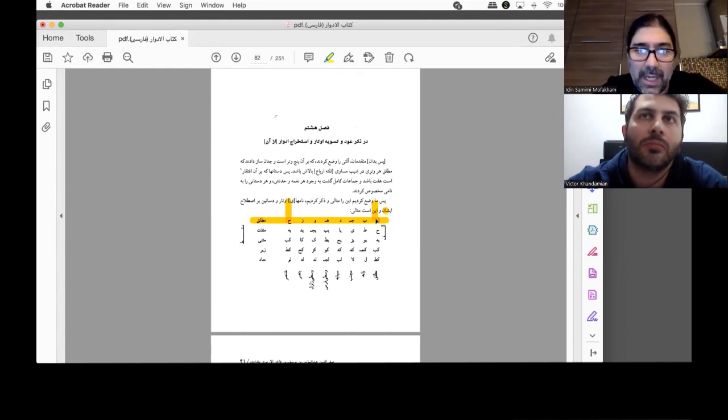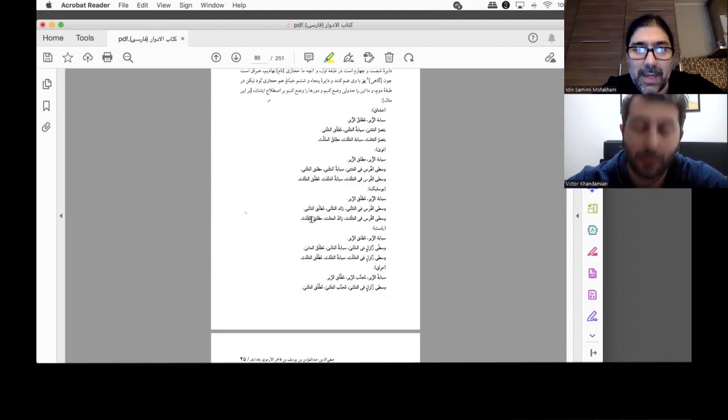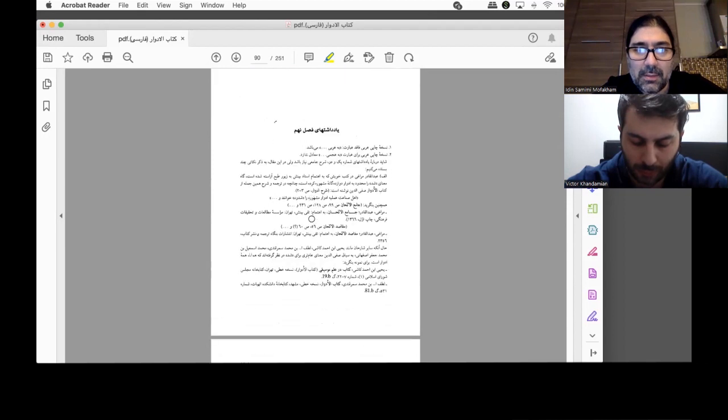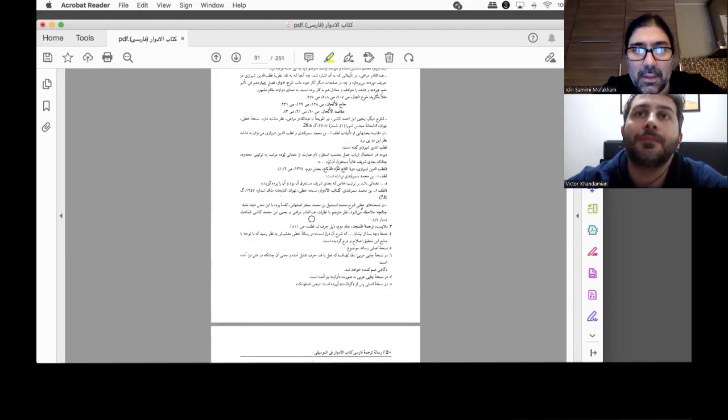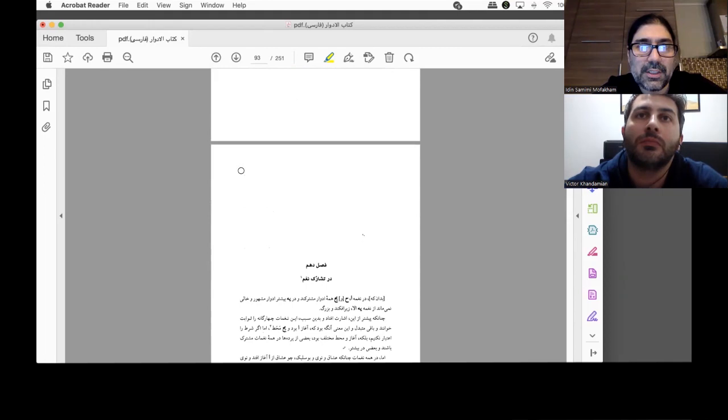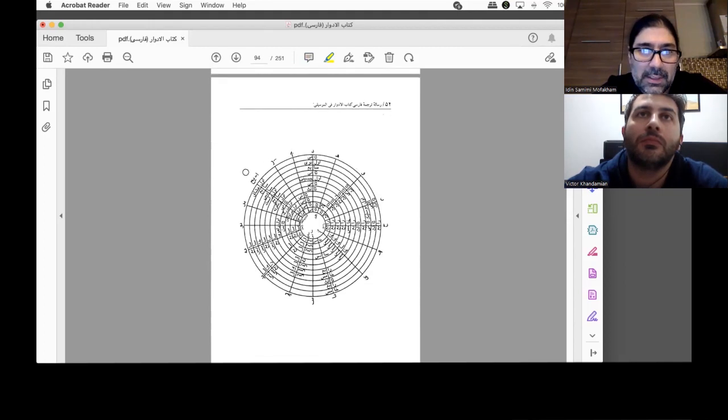Now, if you remember A and H, these two letters, getting back a little further to page 96, this is A, and this is H, and it goes clockwise.